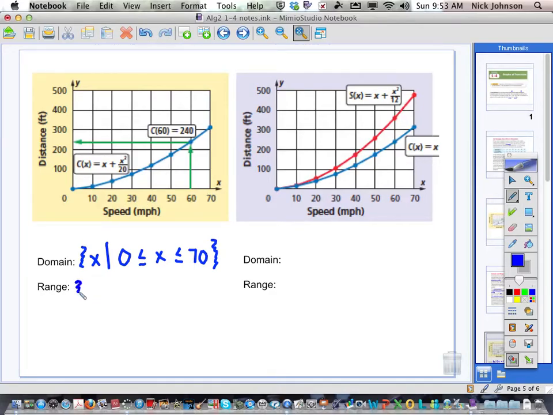My range is y values, such that my y values go from 0 all the way up to right here, 315. So 0 is less than or equal to y is less than or equal to 315. Over here on the SUV, that's the one in the red, my domain goes from 0 all the way over to 70.